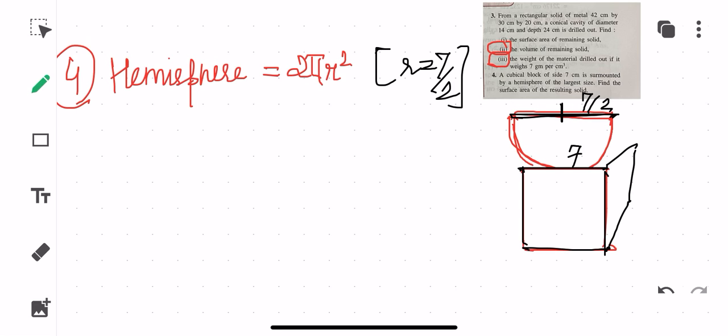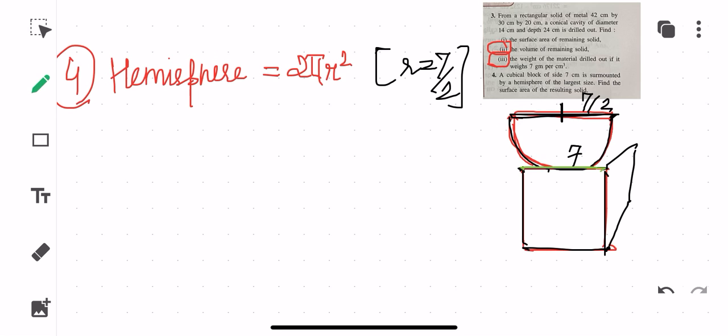But what happens for the topmost side? You will be taking the area of the topmost face, children, and then you will be subtracting the area of the base of the hemisphere.